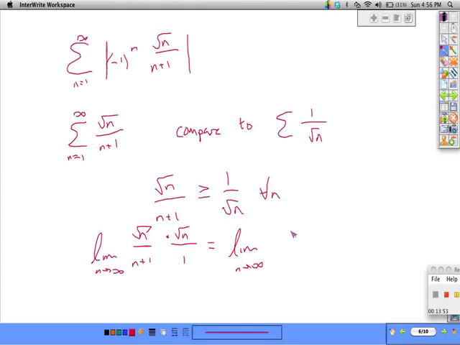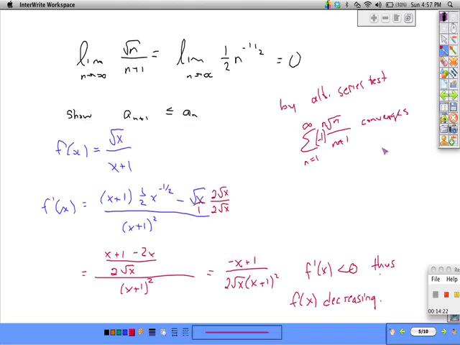This simplifies to n over n plus 1, and this is equal to 1. So since the quotient of the two, when I take its limit, is equal to a finite positive number, and since what I'm comparing to diverges, my series will also diverge. So going back to the original series, it converges conditionally.